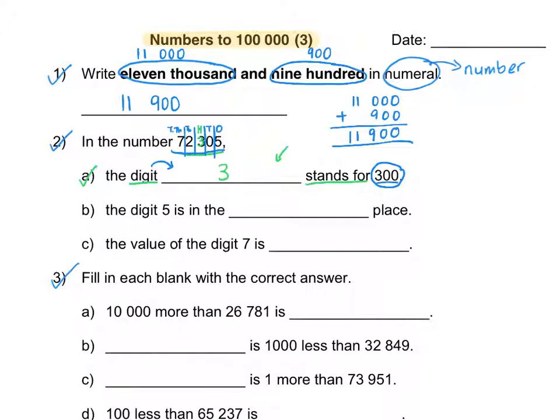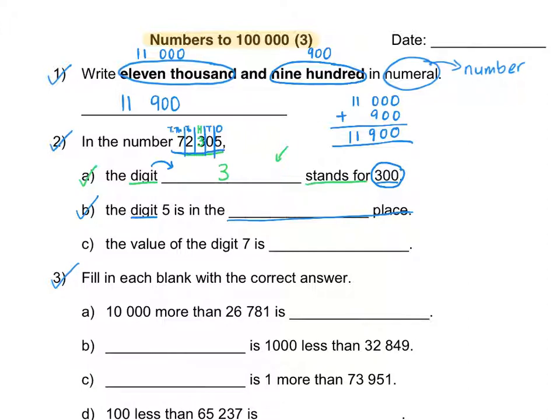Let's go on to look at part B. The digit 5 is in the what place. What are the keywords in this question? They include the word digit and what place. So what you have to ask yourself, what is the question asking for? What is the focus of the question?